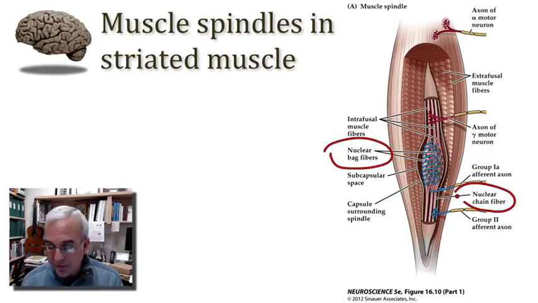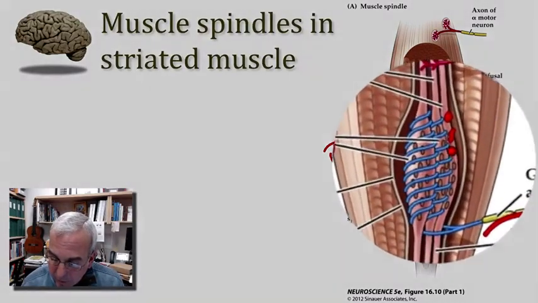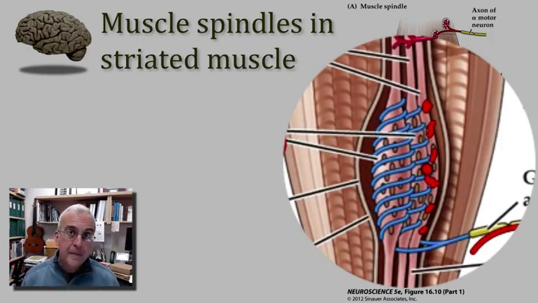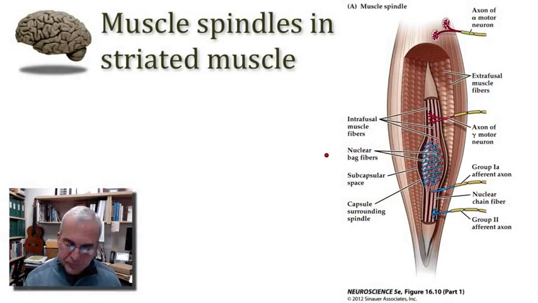The morphological difference is that the nuclear chain fibers have their nuclei arranged typically in a single row along the central portion of that muscle fiber. So rather than there being a bulbous region that collects a bag of nuclei, there's a chain, a single row of nuclei that give this type of intrafusal fiber its name.